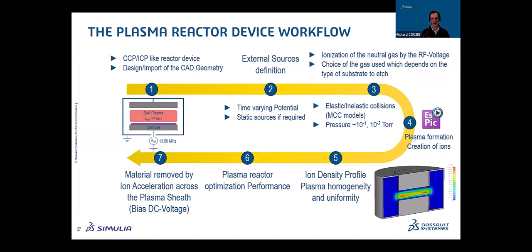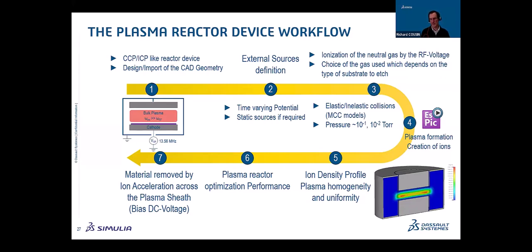As a third step, you take into account the ionization of the neutral gas by applying the RF voltages. Here you have the choice of the gas that you can use for your applications, which are usually noble gases like argon, helium, neon, and so on. Then you can use the Monte Carlo collision models.